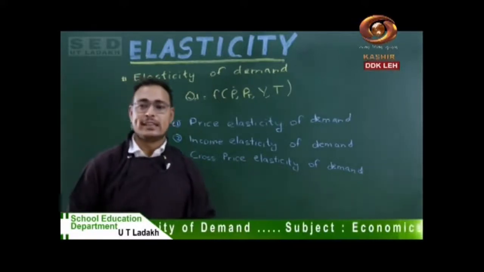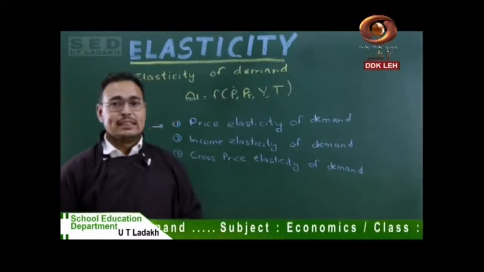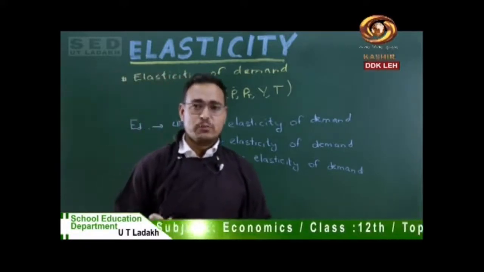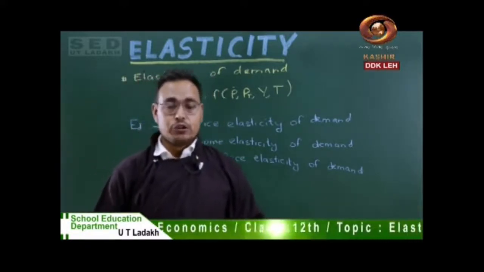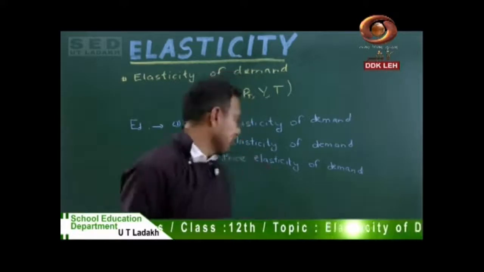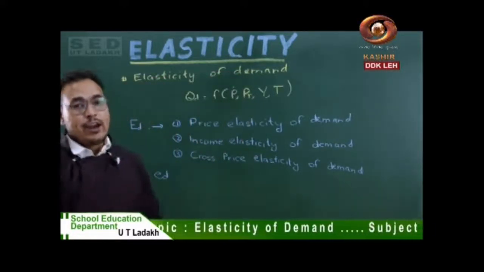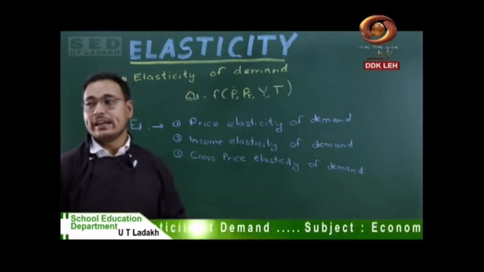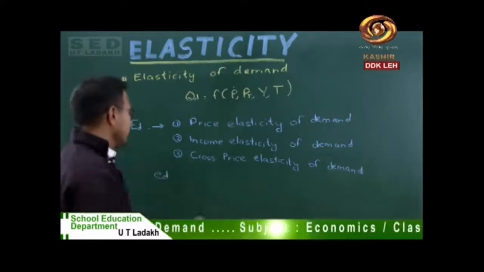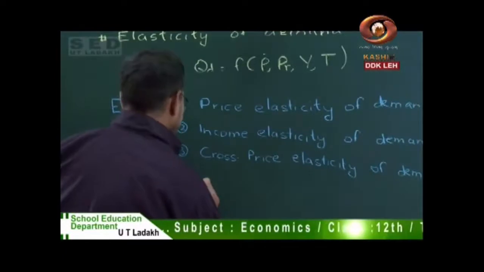Now, what is this price elasticity of demand? It simply represents how much will be the change in demand due to change in its price. It is defined as ED. Again, ED is a pure number. We generally take its absolute value while calculating. So what does it represent?